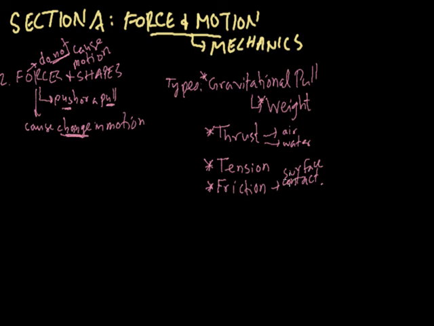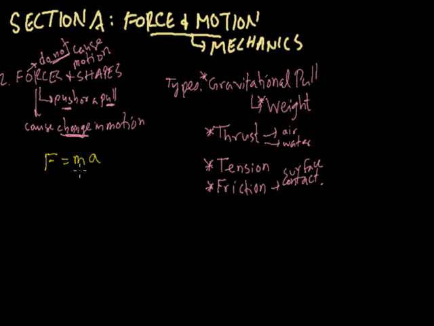Now when we talk about types of force, one thing that we have to talk about is the unit of force. The formula that we use for force is force equals mass times acceleration. Now we already know what acceleration is. Let me talk about mass.